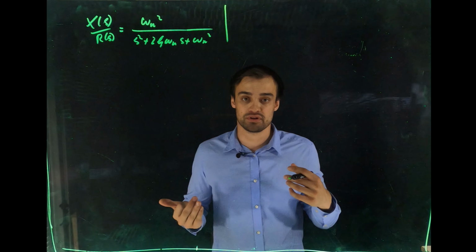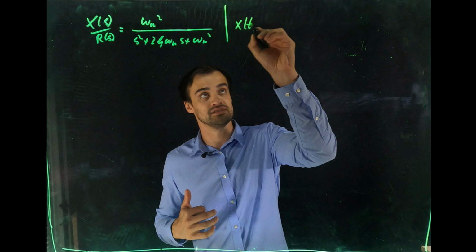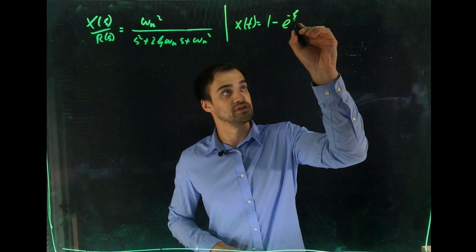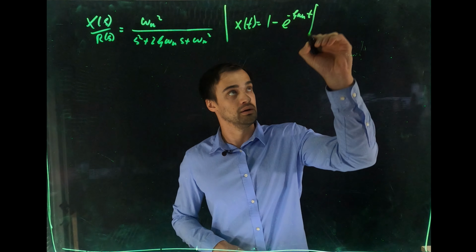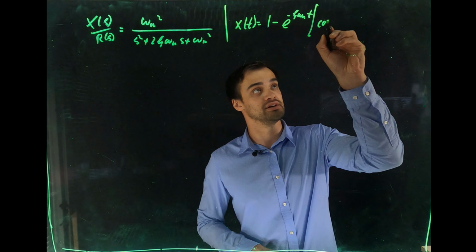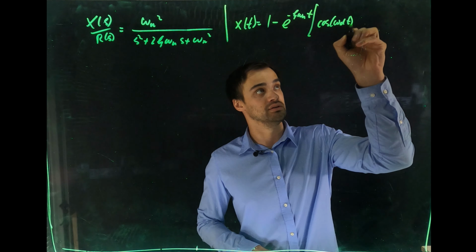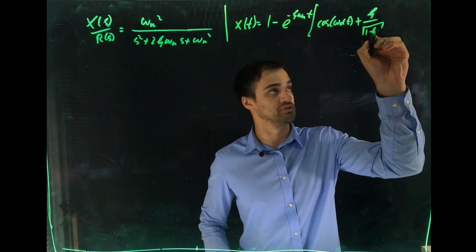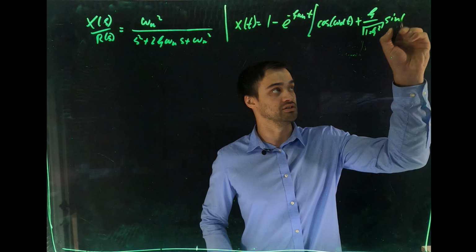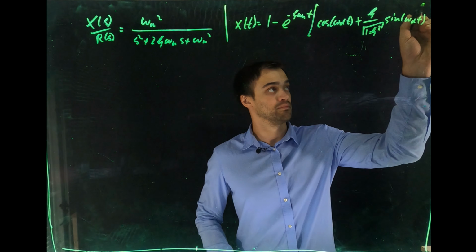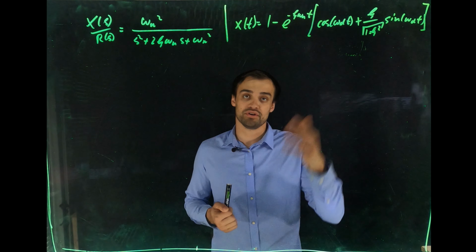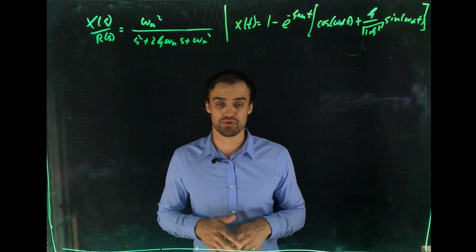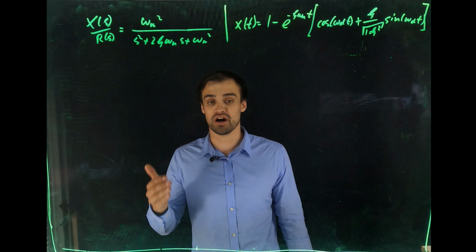We know that the closed form solution in time domain can be noted as x(t) is equal to 1 minus e to the power minus zeta omega n t multiplied by cosine omega d t plus zeta over square root 1 minus zeta squared sine omega d t. If you wonder how you derive this closed form expression, I refer you to my previous video, which is in the playlist.